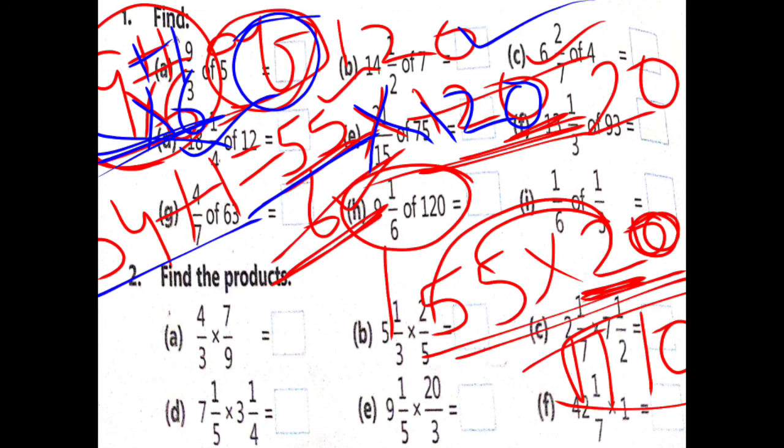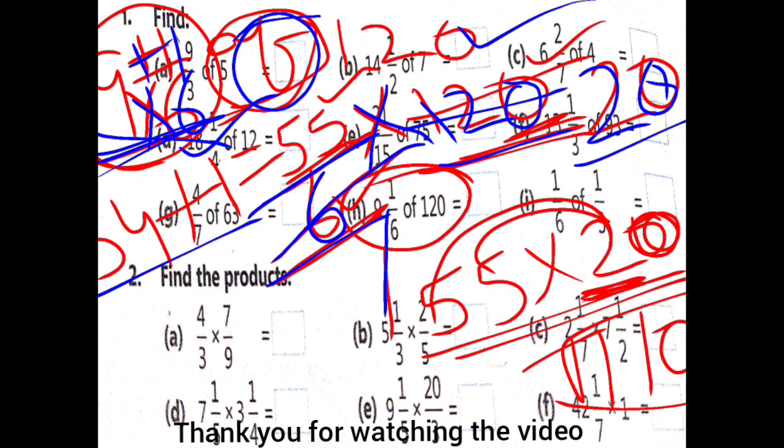As we can see, only 120 is divisible by 6. 6 ones are 6, 6 twos are 12 and 0. So this becomes 20. We have 55 as it is and 20. You multiply both values and get 1100 as the answer. Hope you understand well.